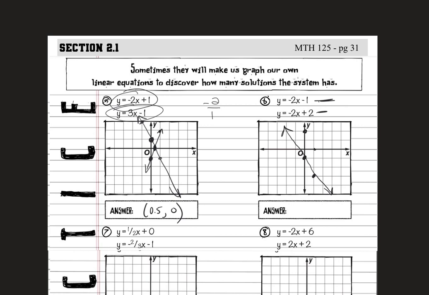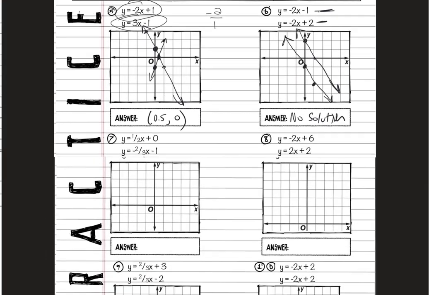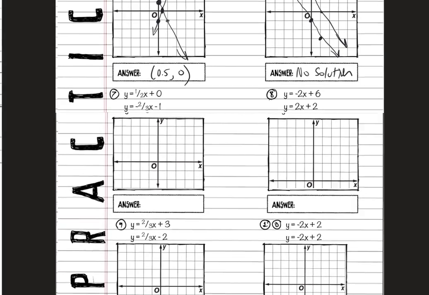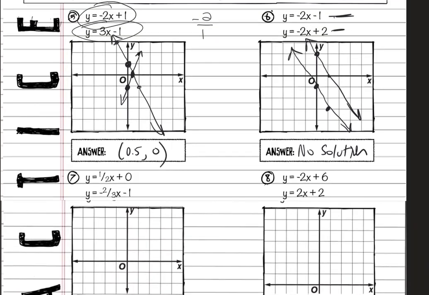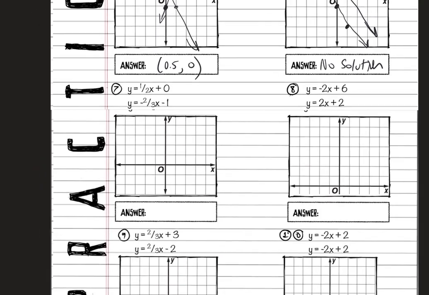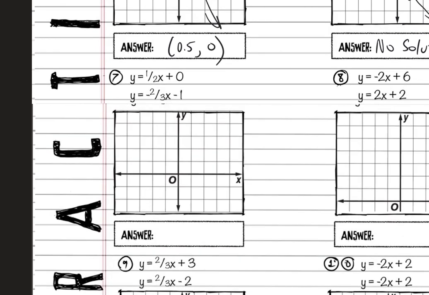And when it's the same slope, what you end up with is lines that are parallel, no solution, because they're parallel lines. I know my lines are terrible. I can't really hold a ruler on my iPad, so I'm just doing the best that I can. Just so you know, notice that same slope. They were parallel.